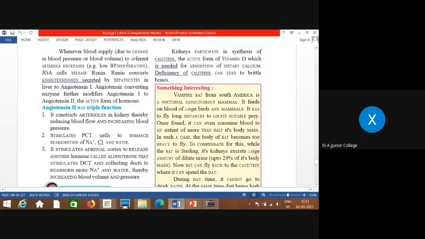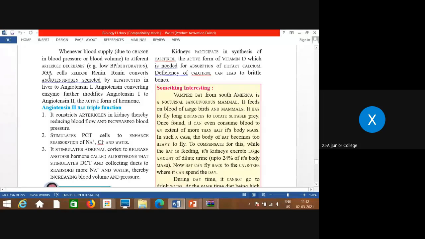When blood supply to the afferent arteriole decreases due to change in blood pressure or blood volume, that means BP becomes low, or in a dehydration condition, JGA cells, that means juxtaglomerular apparatus cells, release renin. Now you know where these are.